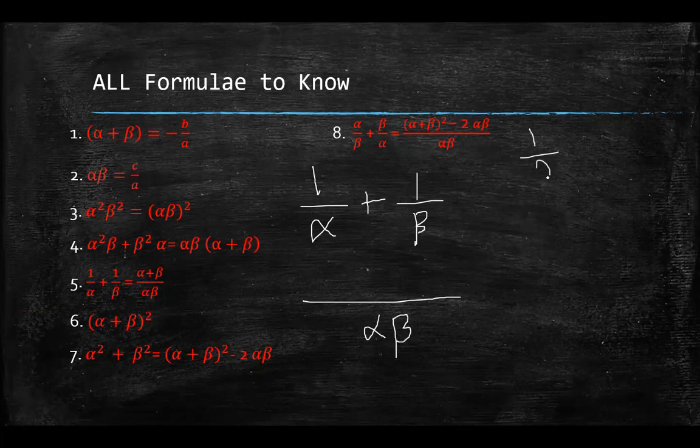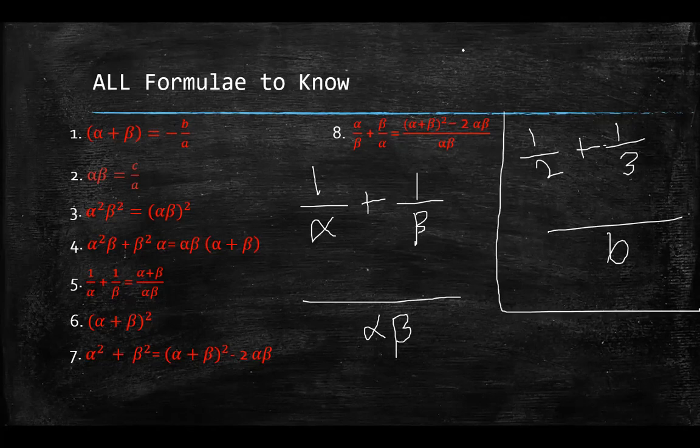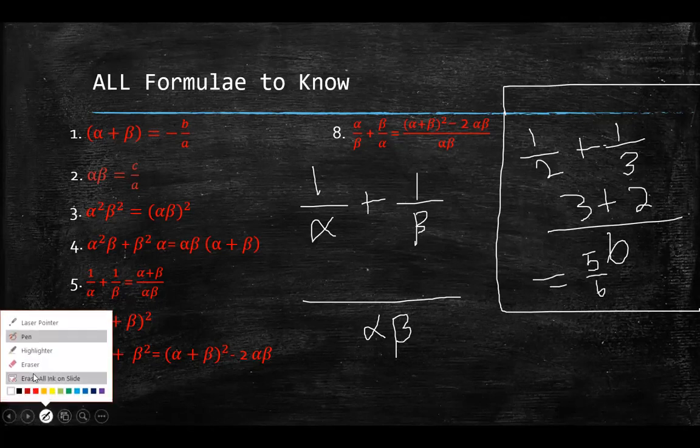In case anybody is not following, say I had a half and a third and I had to add them. We know the LCM is 6. So what would I write in the numerator? 3 and 2. Why? Because 2 into 6 is 3, 3 times 1 is 3, and 3 into 6 is 2, 2 times 1 is 2. So that's 5 over 6. Same concept we're using here.